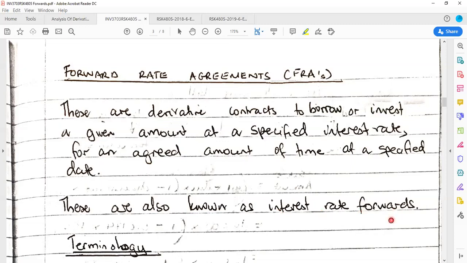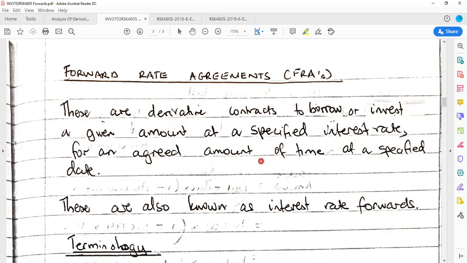In other words, let's say you want to borrow money in the future, but you're afraid that interest rates are going to go up. You're afraid that by the time you want to borrow, it might be too expensive for you to borrow, right? You can enter into a forward rate agreement. This is a contract which will guarantee the rate that you can borrow at.